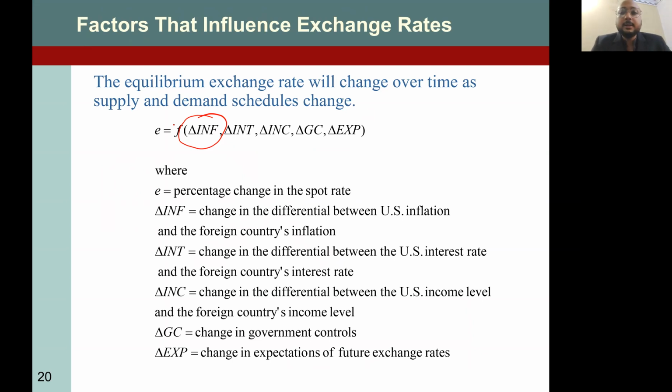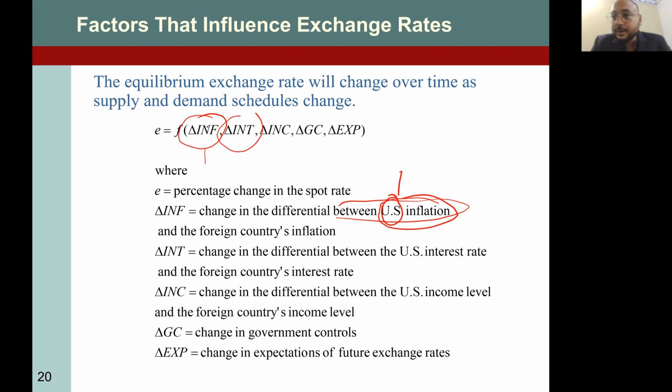Number 1, the exchange rate depends on the relative, or differential, inflation between two countries. Since this book is US centric, we base our inflation on US inflation. You can also change this US to your home country, whether you are in Cuba, Venezuela, Russia, America, Japan, or wherever.